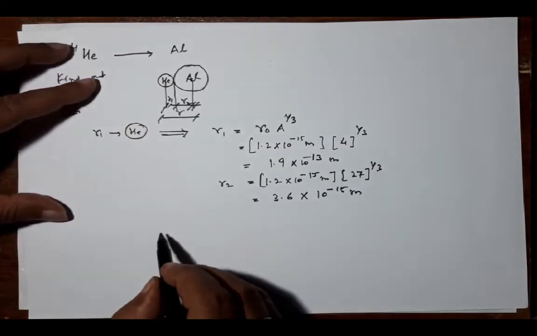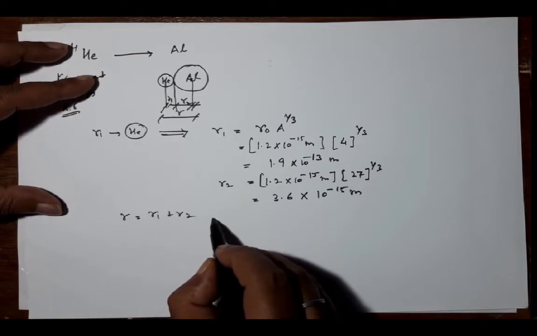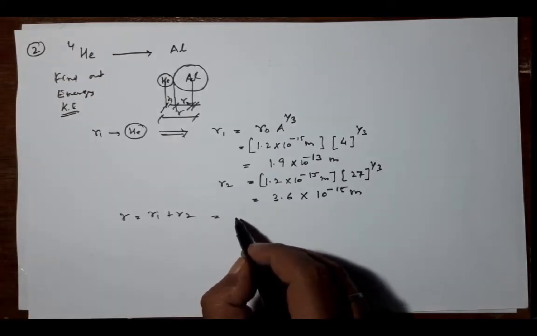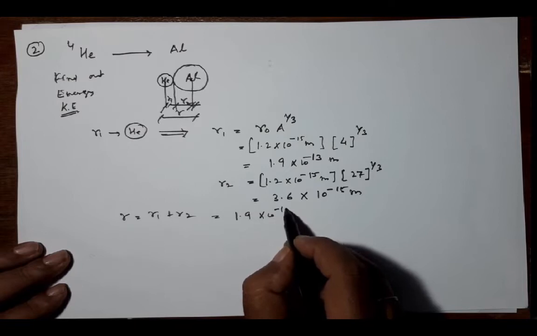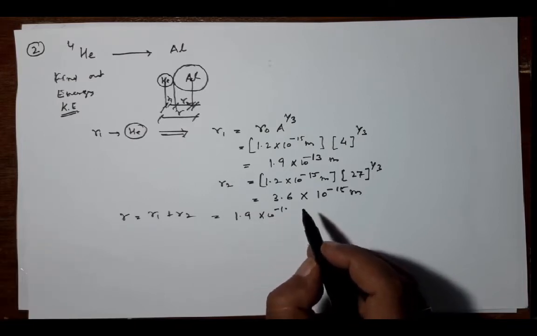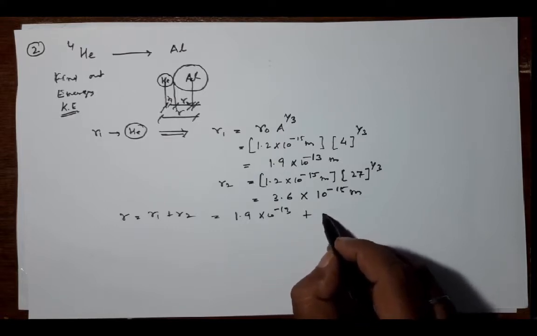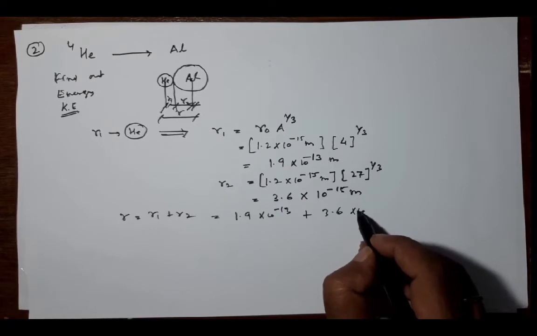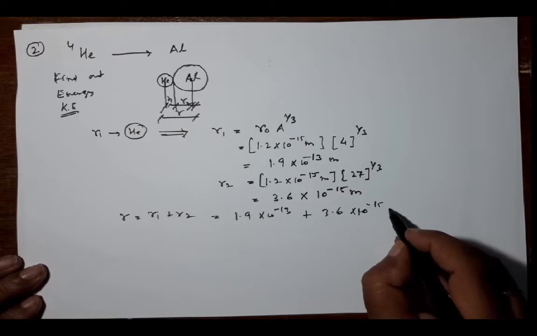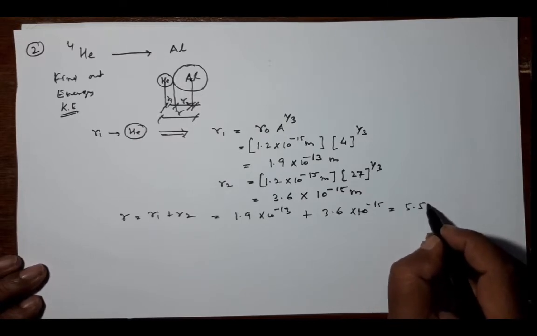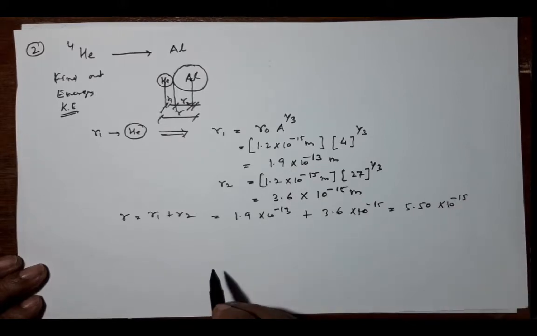Suppose this is R, then R is nothing but R1 plus R2 is equal to 1.9 into 10 raised to minus 15 plus 3.6 into 10 raised to minus 15, and this will come out as 5.5 into 10 raised to minus 15.